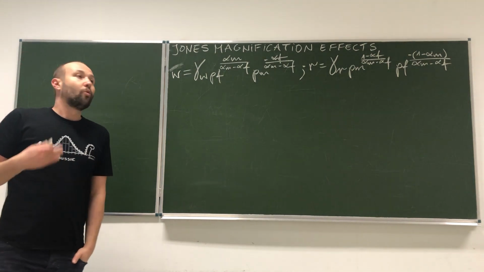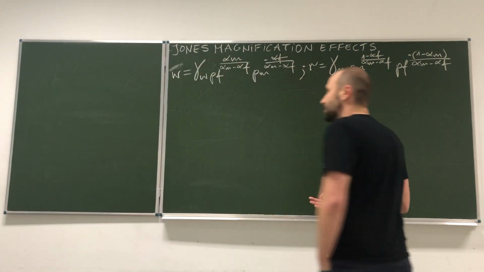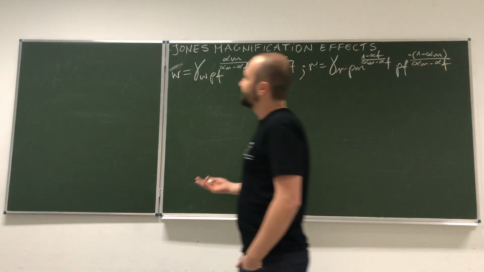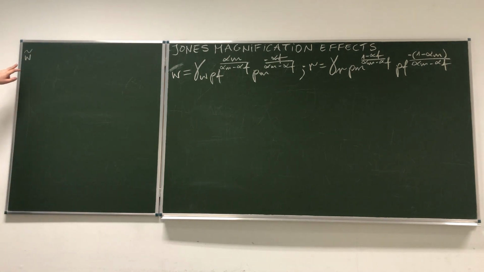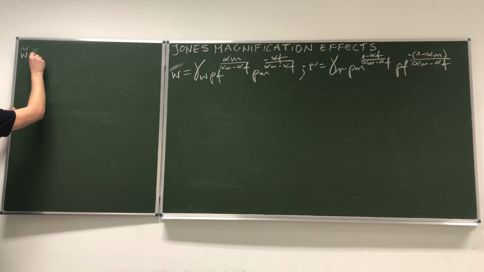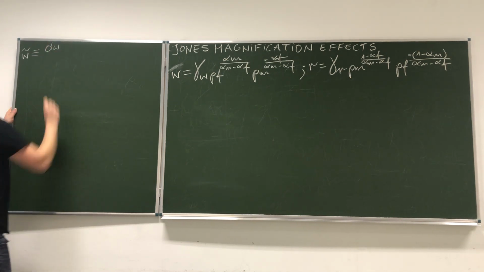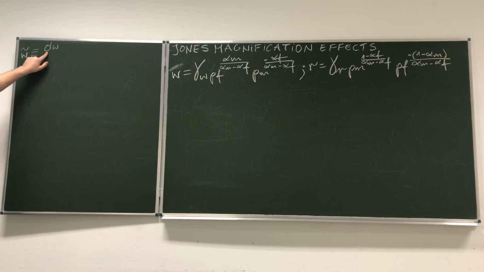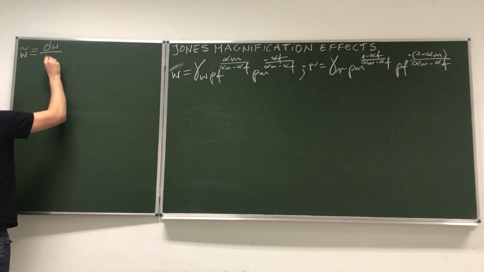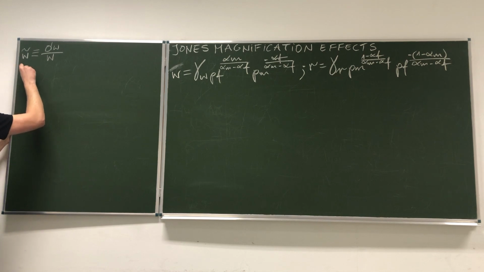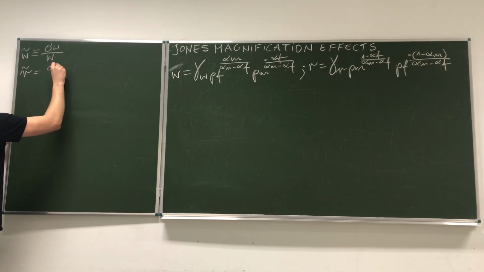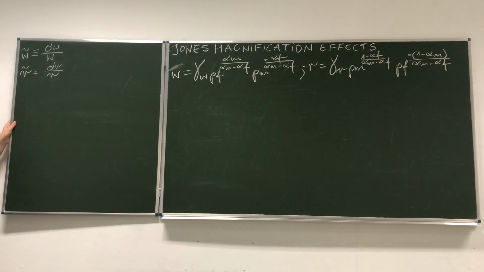Okay, so what will we understand by relative change? Well, relative change in wage, so wage W tilde, is given as dW, so very small change in wage, divided by wage. And by the same token, relative change in rent is dr over r.